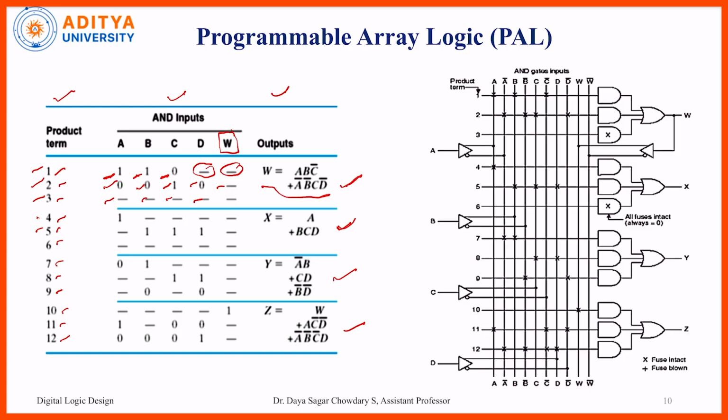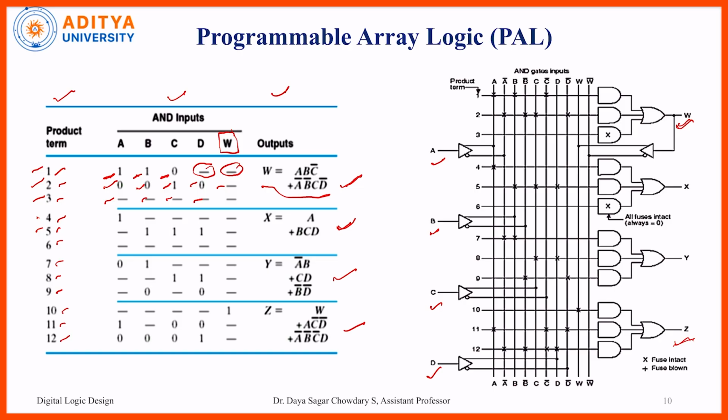Now if we construct the circuit, again inputs are A, B, C, D, and W is also one input here, because W is an input for Z. The output Z takes the input W also, because W contains two terms. Those two terms are already repeated in the Z term.